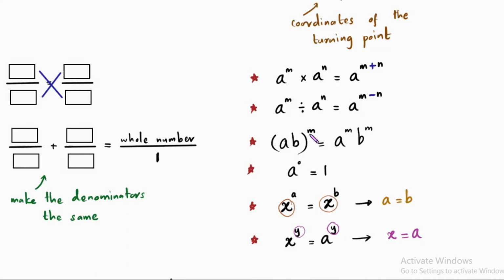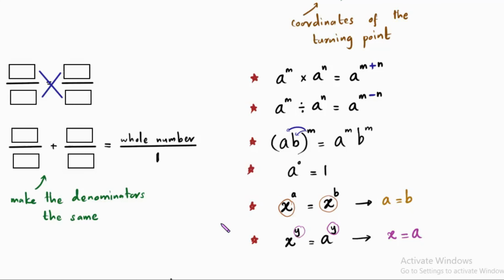When you have one or two terms within the brackets and an index outside like this, it means that this index gets multiplied with the powers of all the terms inside the bracket. It can be for multiplication, or it may be division as well. And whenever a certain variable's index or a certain expression's index is equal to 0, that will always be equal to 1.